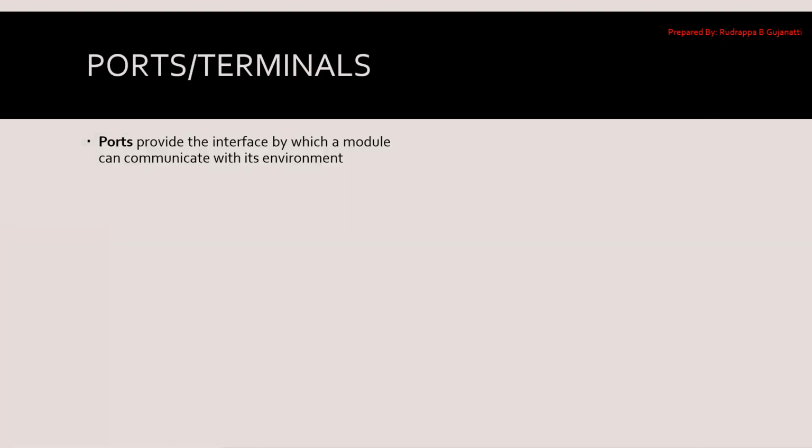Using those ports, you will be able to communicate with the external environment which is around it. Environment in the sense, say if an adder is there and you want to give some input to that, how that input gets connected to the adder. The adder is the module, and the variables you're giving act as the parameters which are in the environment. This is what a port is utilized for.